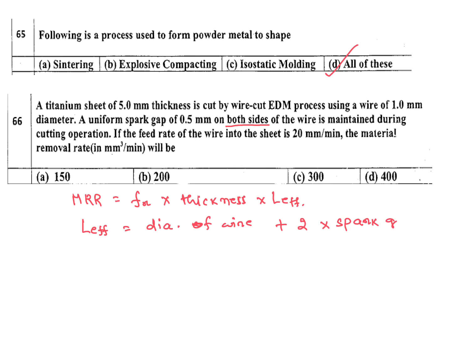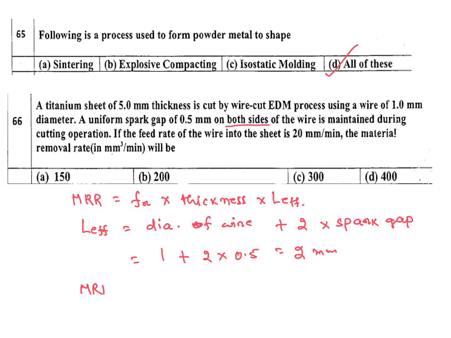Diameter of wire is 1 mm plus 2 into spark gap, 0.5, so 2 mm.